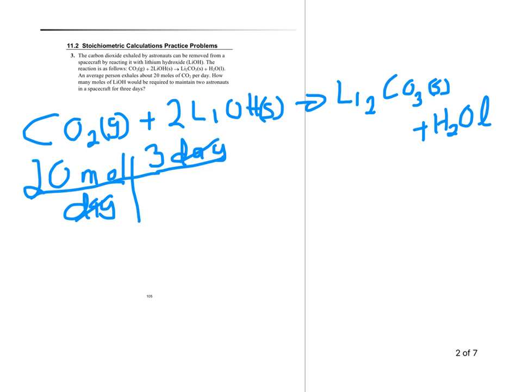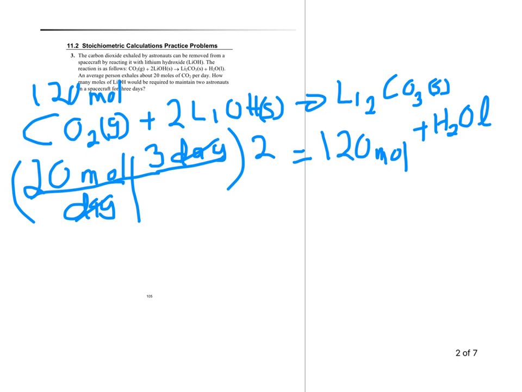That would be 60 moles for 1 astronaut. Then we take that times 2 astronauts, so we're going to end up needing 120 moles. So that's how much CO2 we're looking at.